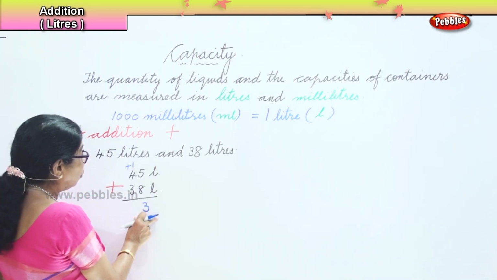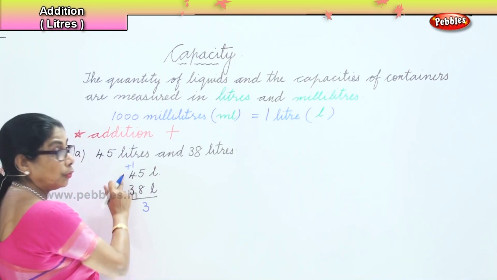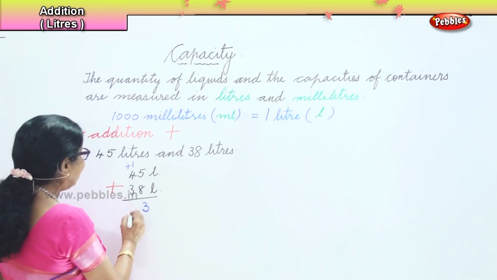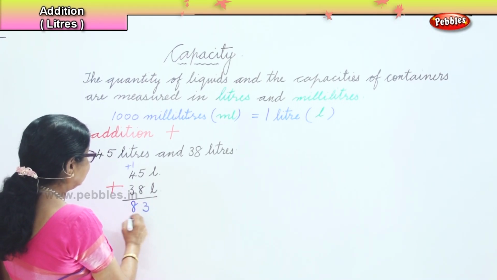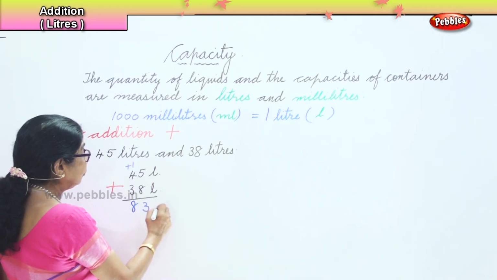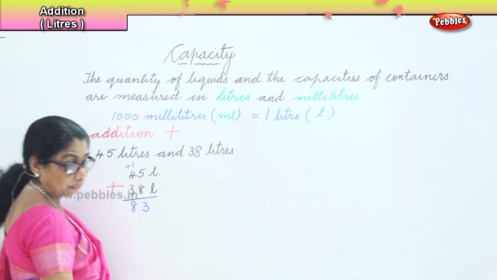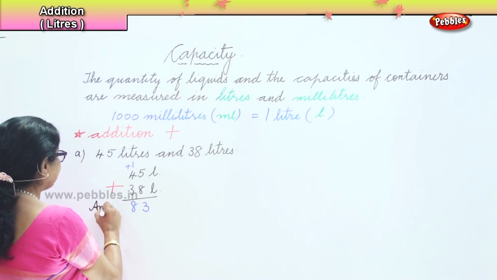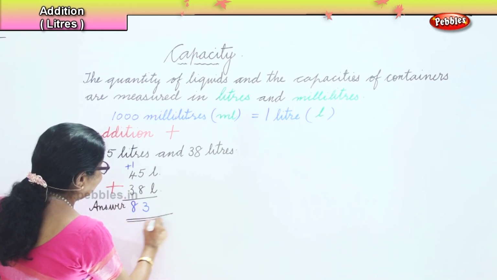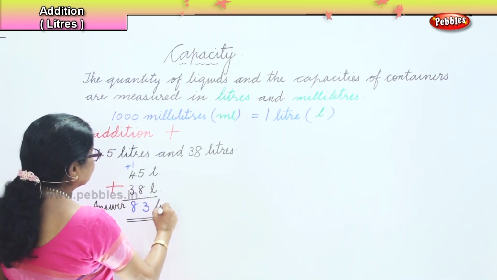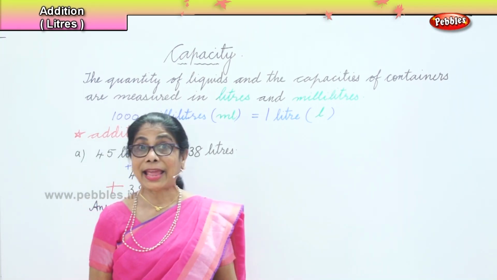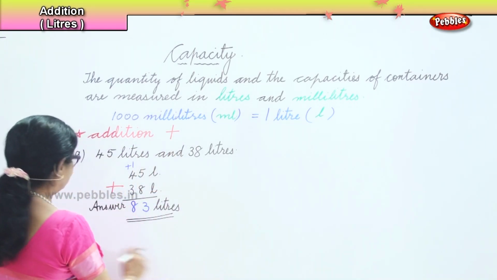You put the 3 down, 1 on top. 1 plus 4 is 5. 5 plus 3 is 8. So your answer is 83 liters. We learned to add 45 liters and 38 liters. So that's the first sum.